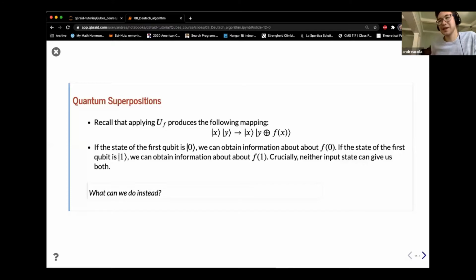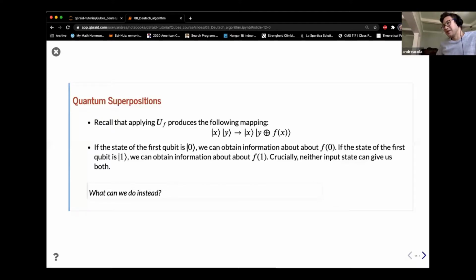So the problem classically was if we have access to such a mapping as it's written here, then whenever we input x to be equal to 0, we only get information about f(0). And that's also true for the quantum case. If the first qubit is in the state ket 0, we only obtain information about f(0). If the state of the first qubit is ket 1, we only obtain information about f(1).